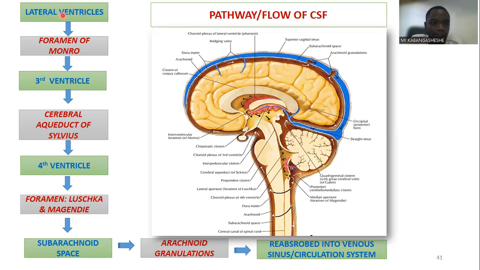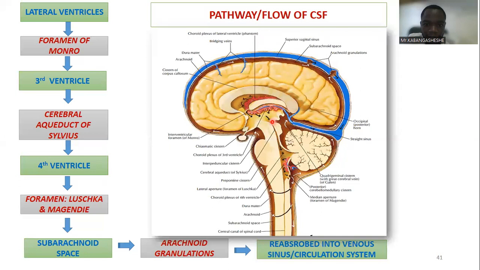From there, via the foramen of Monro, or what you can simply call the interventricular foramen, that space there, cerebrospinal fluid leaves the lateral ventricles and enters the third ventricle, which is here. Then it mixes with cerebrospinal fluid formed by the third ventricle, and then it flows through the midbrain.